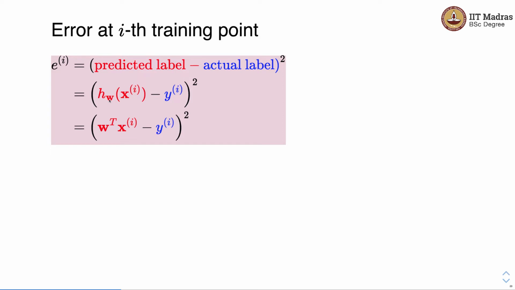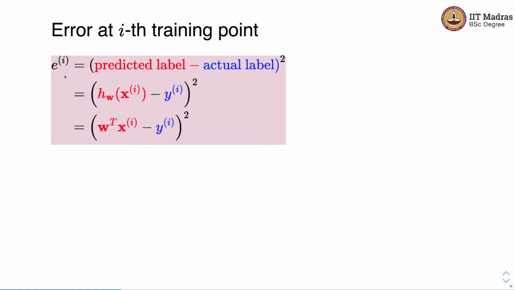In case of linear regression, since we take linear combination of the features, we have a particular functional form which is W transpose xi, where W is the weight vector of the model, x is a feature vector, and yi is the actual label. So W transpose xi gives us the predicted label for ith example, and we take the difference of this predicted label with the actual label, we square up the difference.